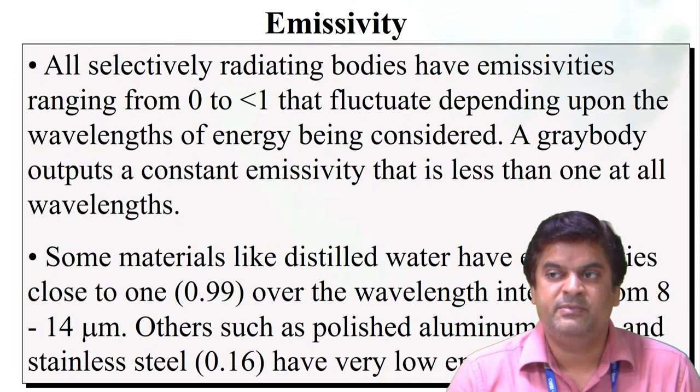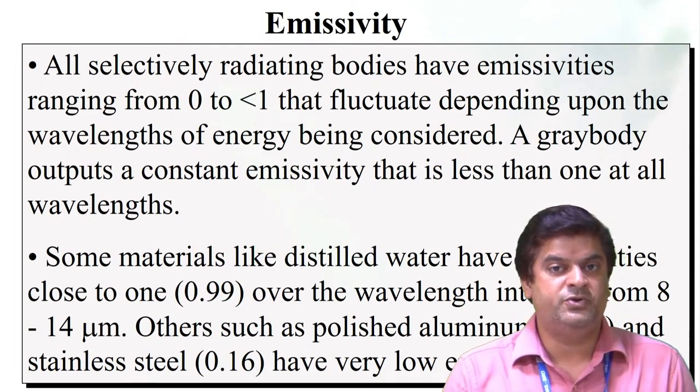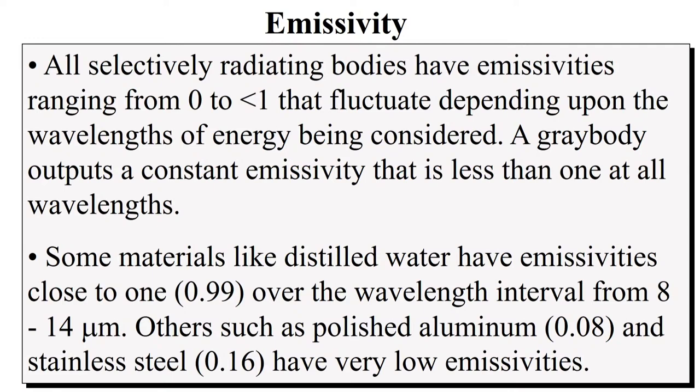Now, as we have seen, emissivity will be in between 0 to 1. The object which has no emission will have emissivity 0, but all the objects in the world will have emissivity in between 0 to 1. Some objects like distilled water have emissivities close to 1, that is 0.99, and some objects have very low emissivity, like polished aluminum and stainless steel.